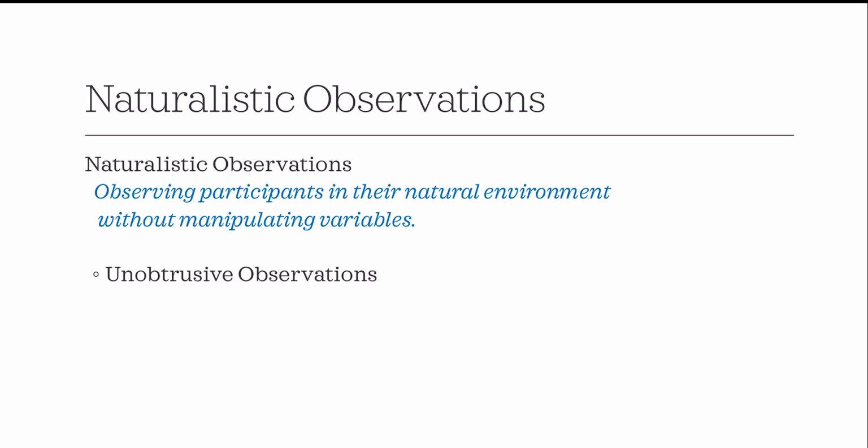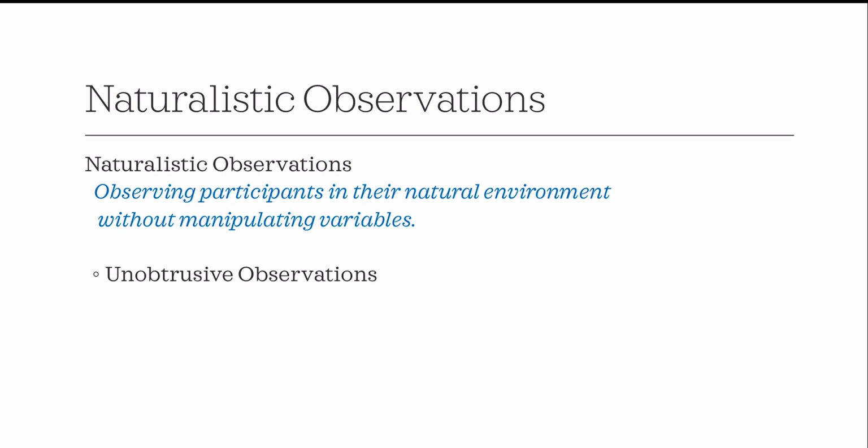What we mean by that is that the participants or the phenomena of observation are not aware that they are being observed. That's because of the Heisenberg principle, which basically says that something changes if it knows that it's being watched.